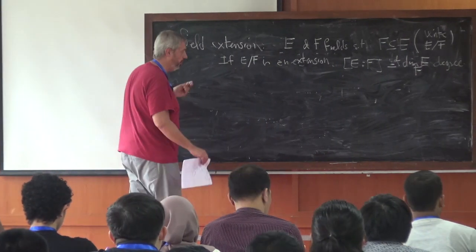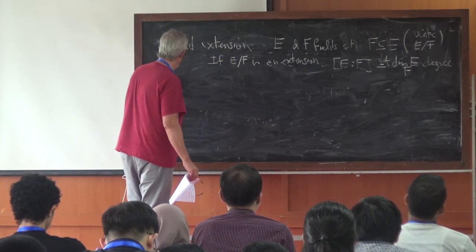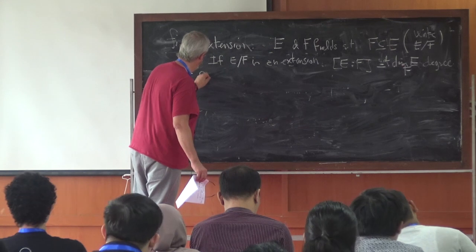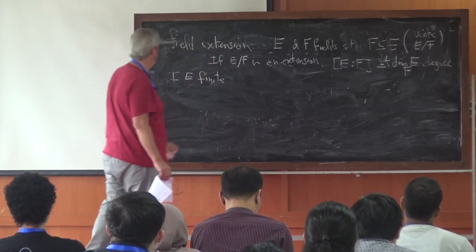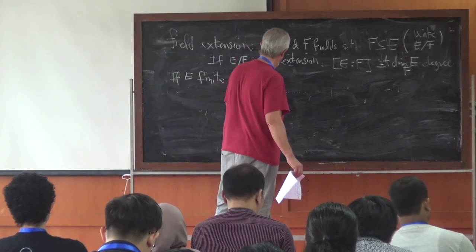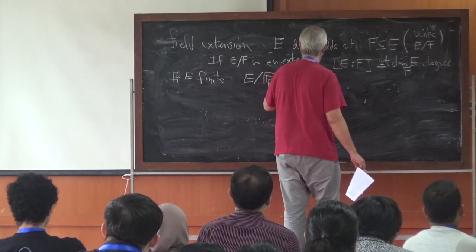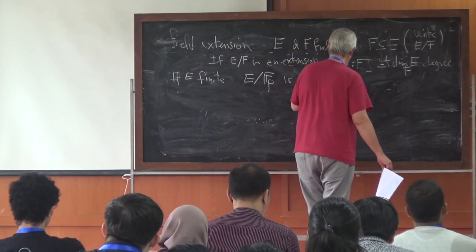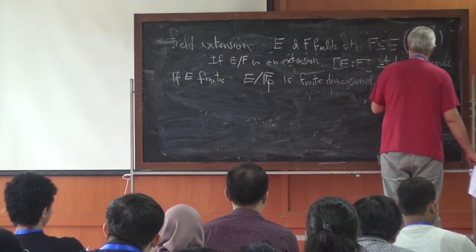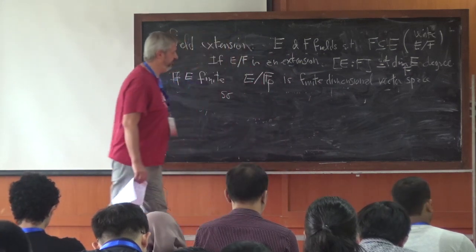And so in the case that we're interested in mostly, if E is a finite field, then E over Fp, the fundamental subfield, is a finite dimensional vector space.